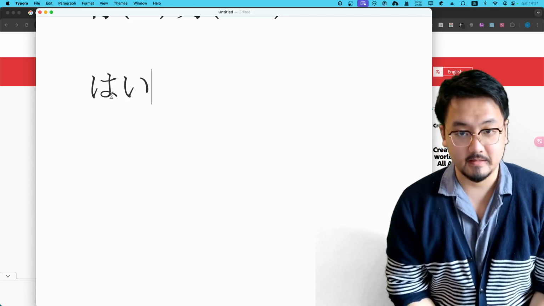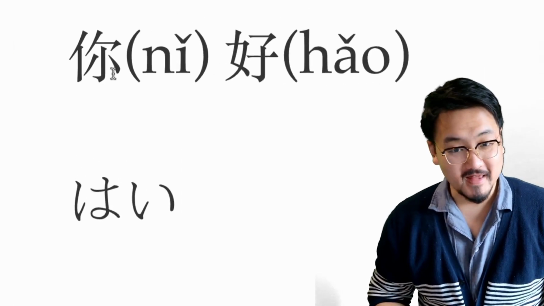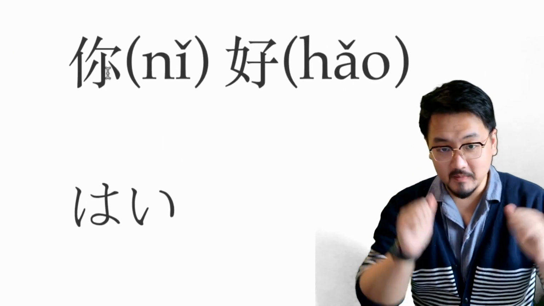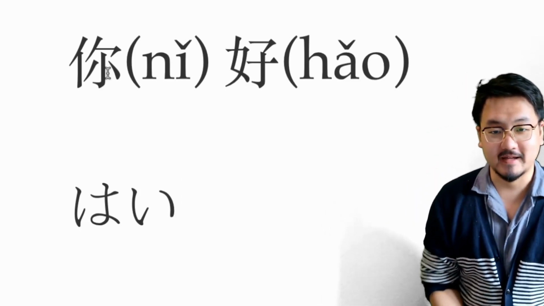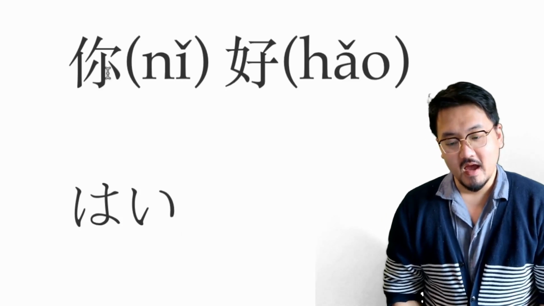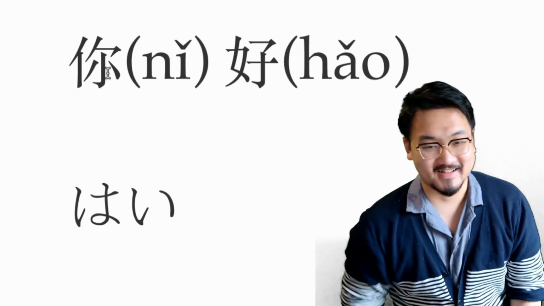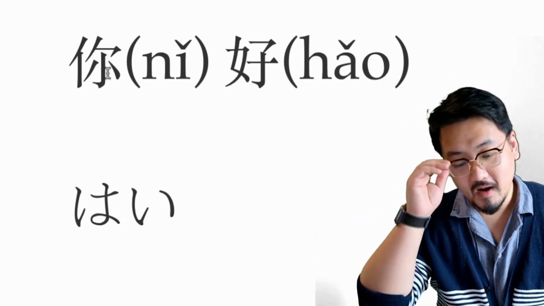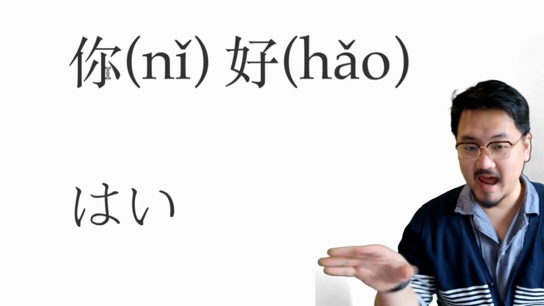Let me compare this. Hai means yes, I'm listening, and all that. 你好 is like hello. Sometimes we repeat 你好 too, but the repetition in Chinese does not mean anything negative.